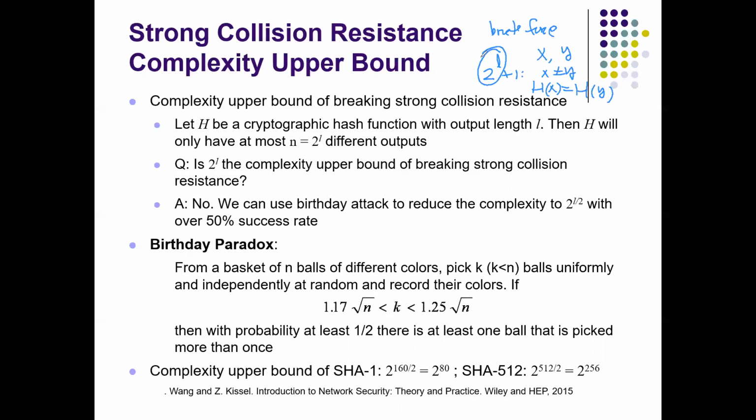The complexity upper bound is really just the square root of 2 to the l, and we're going to prove this by birthday attack. So first, let's look at this birthday paradox. From a basket of n balls of different colors, you pick k balls uniformly and independently at random and record their colors.